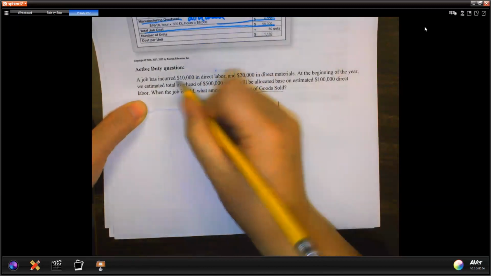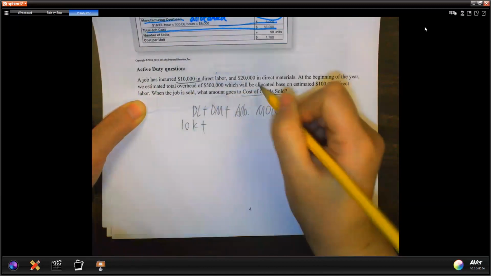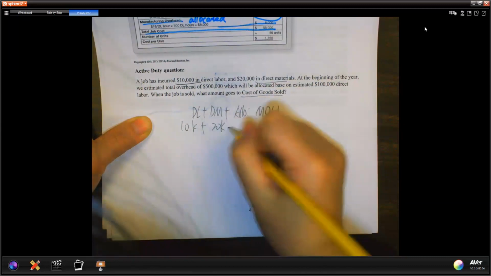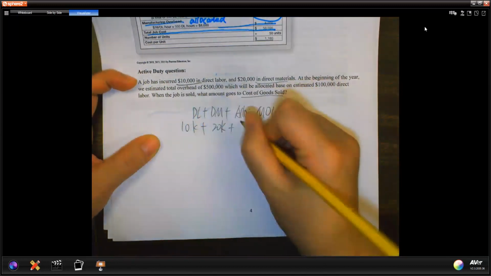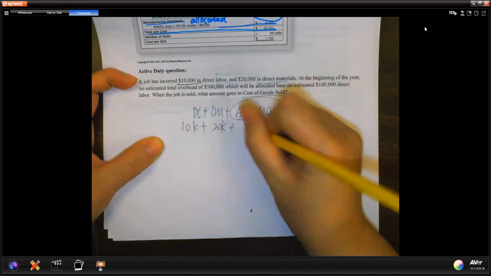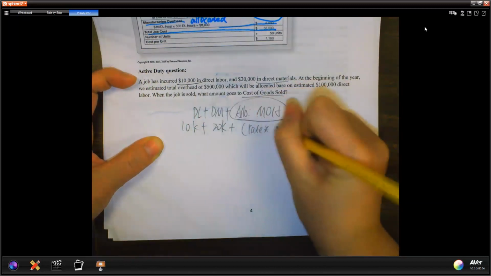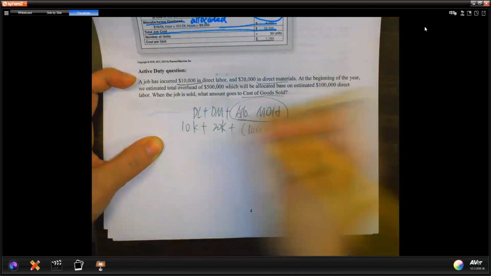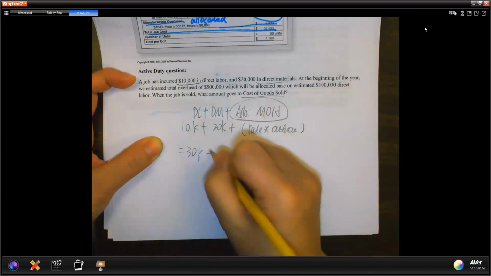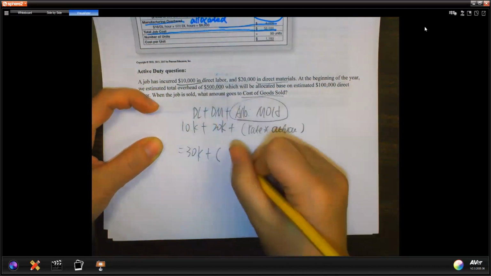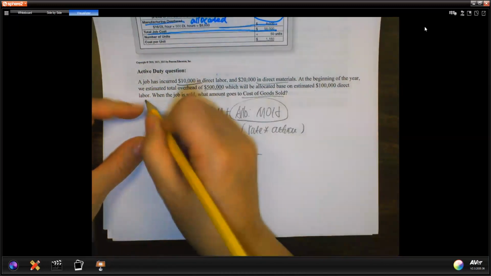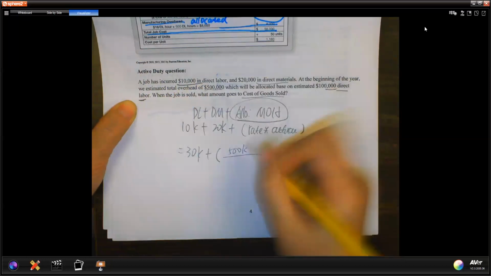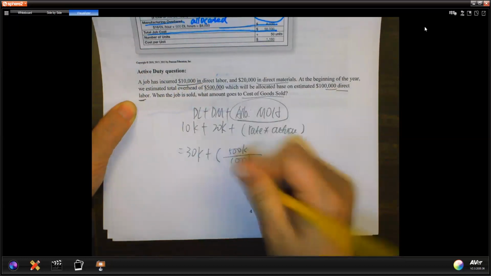Direct labor is 10,000. Direct material is 20,000. We want to get the allocated overhead. You estimate, so you want to get the rate, right? Allocated manufacturing overhead is the rate times your actual cost driver. So this is 30,000 plus. The rate is 500,000 allocated based on direct labor, divided by 100,000, so that gives you $5.